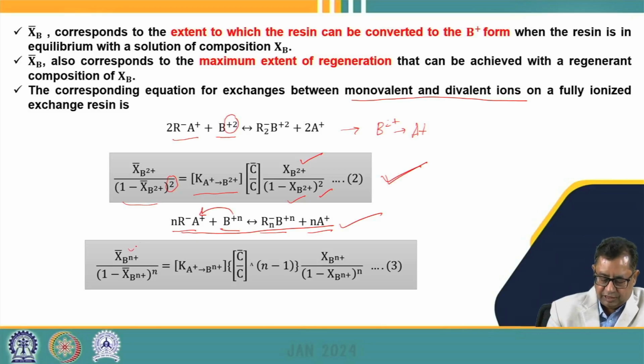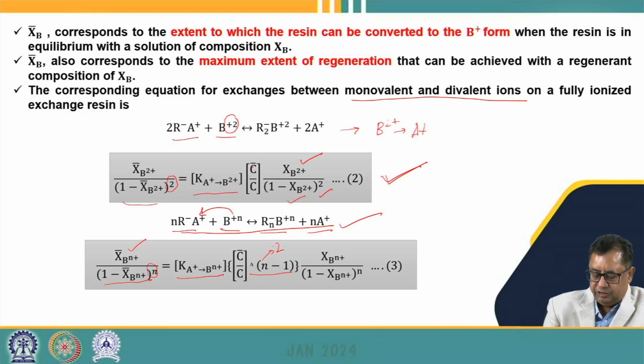Here you can see the n plus ions present on the resin, and also 1 minus the fraction of ions present on the resin, raised to power n. Similarly, this is the selectivity coefficient for n plus ions replacing monovalent ions, and C bar by C raised to power n minus 1. If we put n equal to 2, it will become 1.